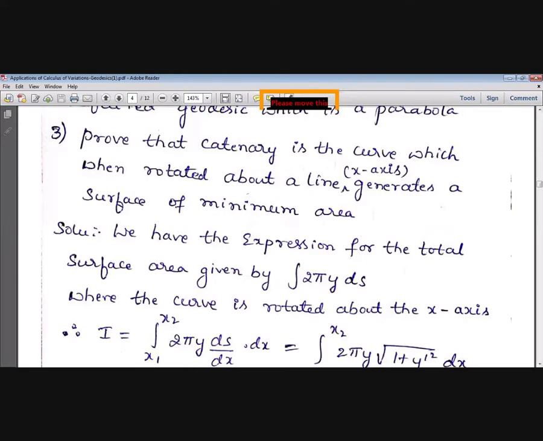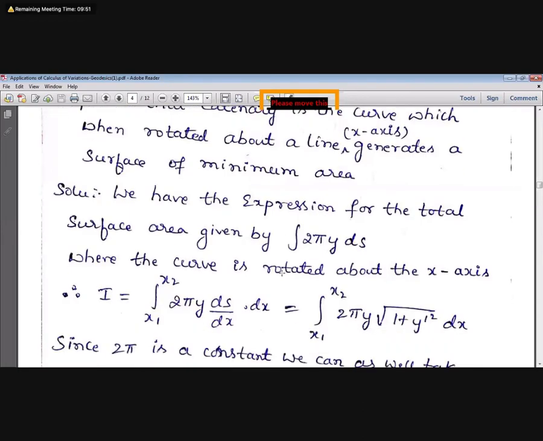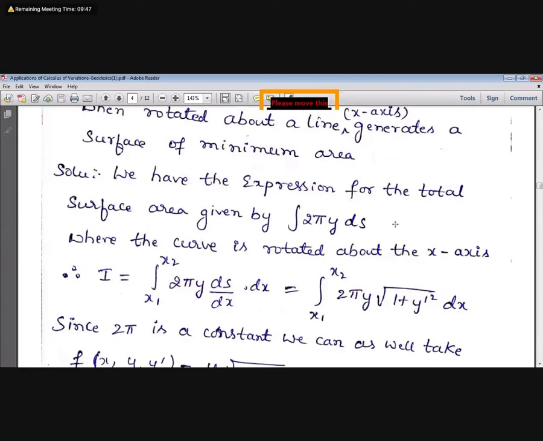Next, prove that the catenary is the curve which, when rotated about the x-axis, generates a surface of minimum area. We have the expression for rotation about the x-axis.